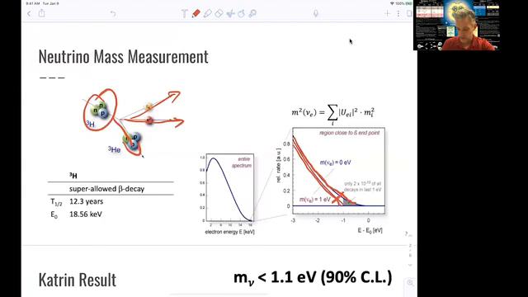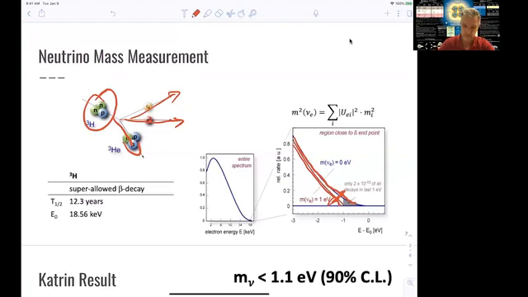Those small differences in the endpoint spectrum then lead to an understanding of the mass of the neutrino, because the total energy in the collision needs to be preserved. The entire story here is about how precisely we can measure the energy of the electron in order to infer the neutrino mass.